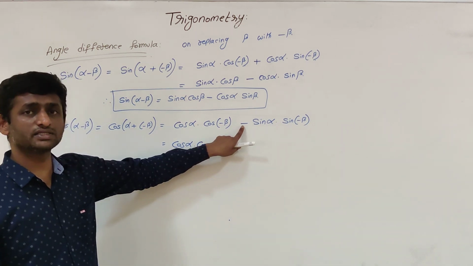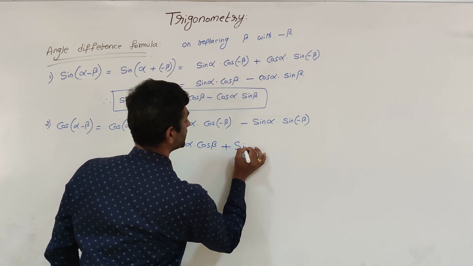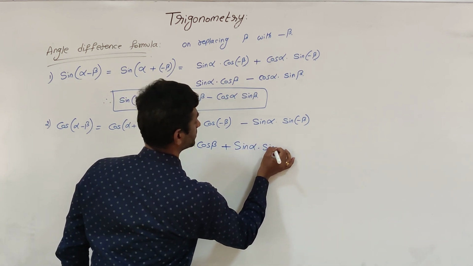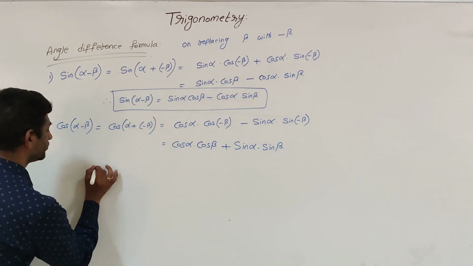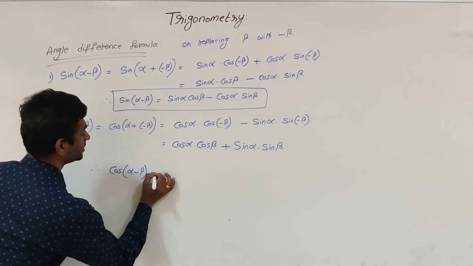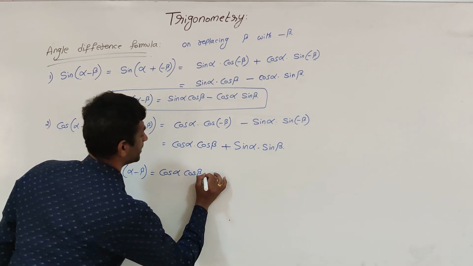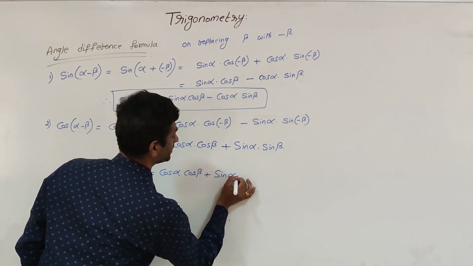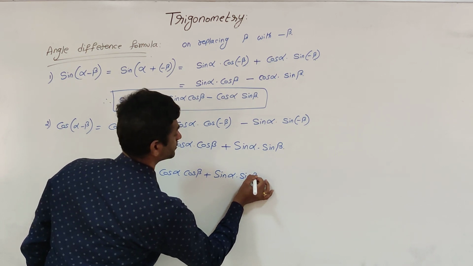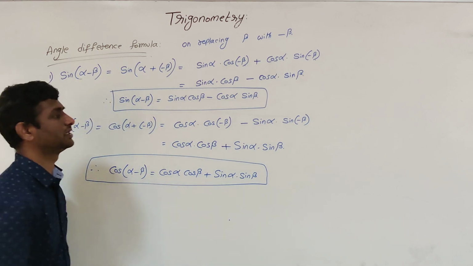Already one minus is there, so minus into minus becomes plus, so it will be sine alpha into sine beta. Therefore cos of alpha minus beta is cos alpha cos beta plus sine alpha into sine beta. This is the formula for cos of alpha minus beta.